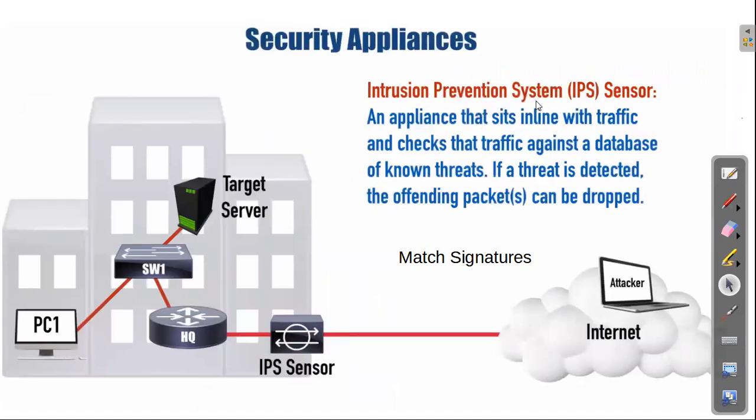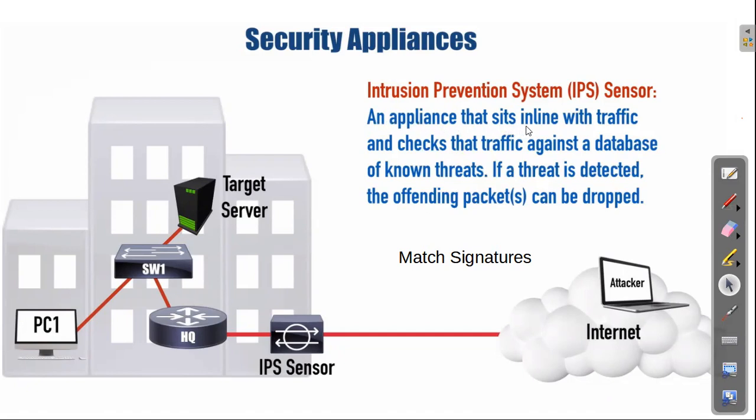Security appliance, that is intrusion prevention system, IPS sensor. What is the use of this sensor? It always matches the threats with the database. If it is matching, then it will drop the packet. It has the details of the threats in its database.